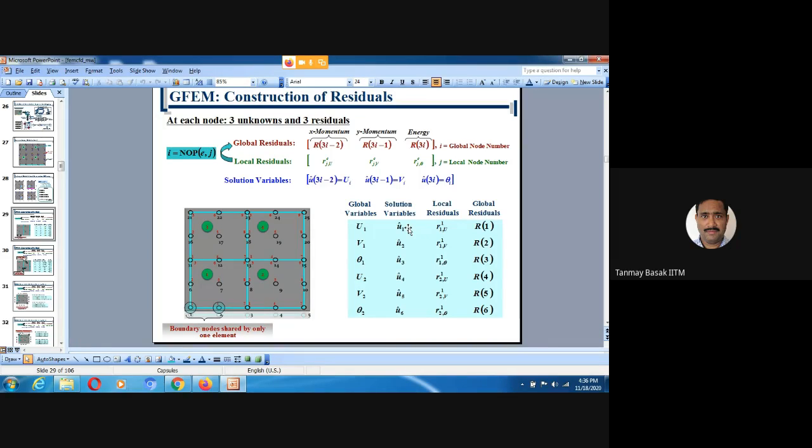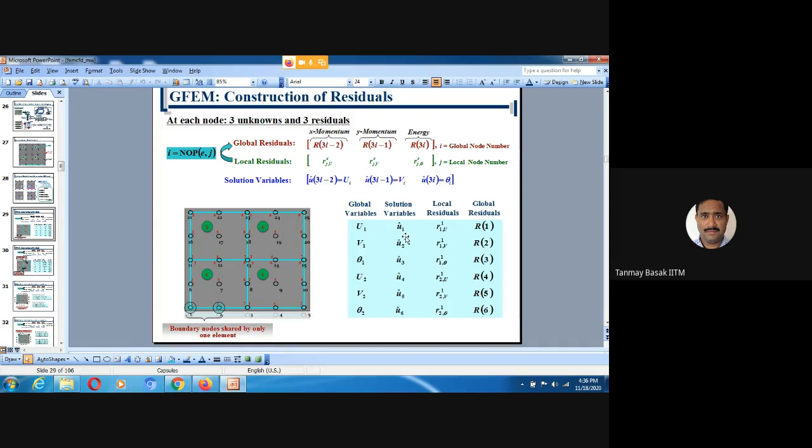The Jacobian will not know what is for u, what is for v, what is for theta. It will have the global package for you, but you will know which small u variable corresponds to which component of your velocity vector.